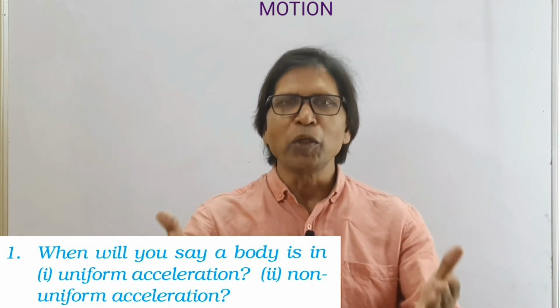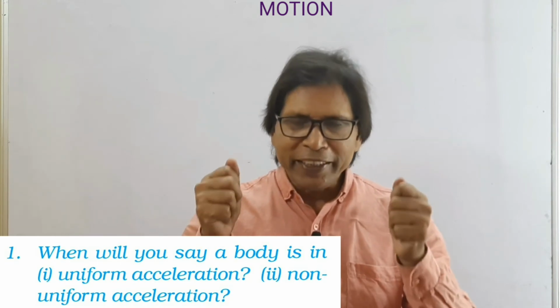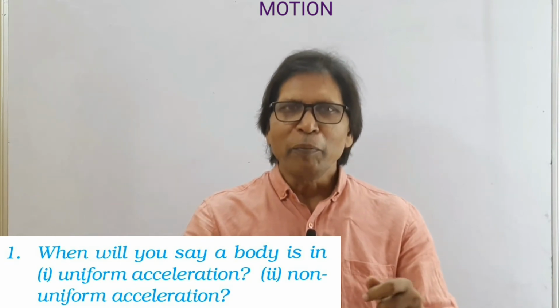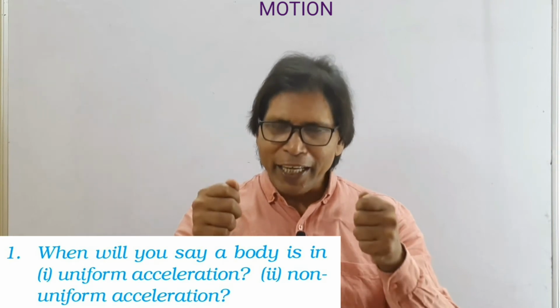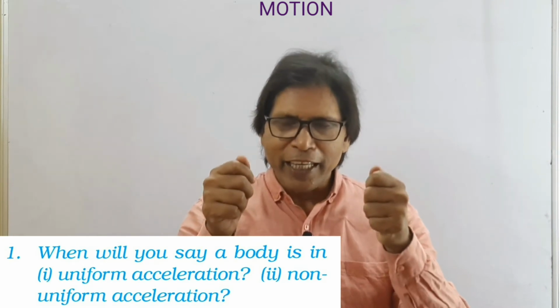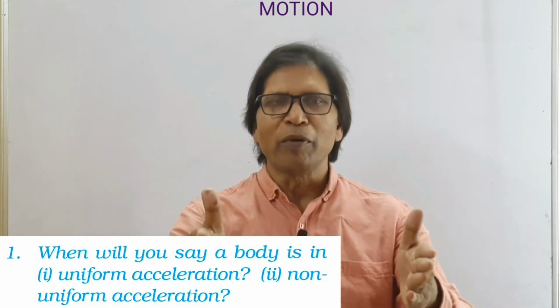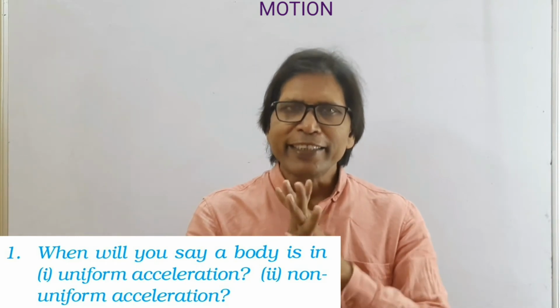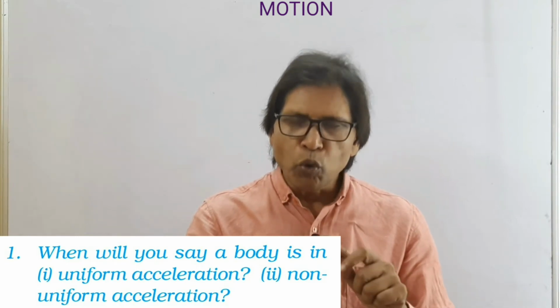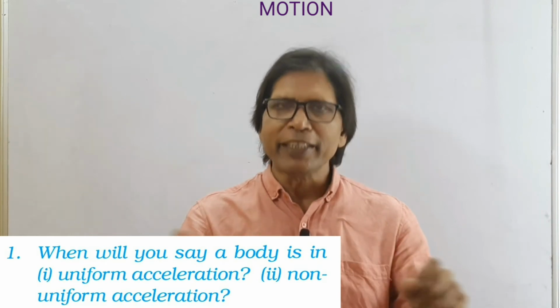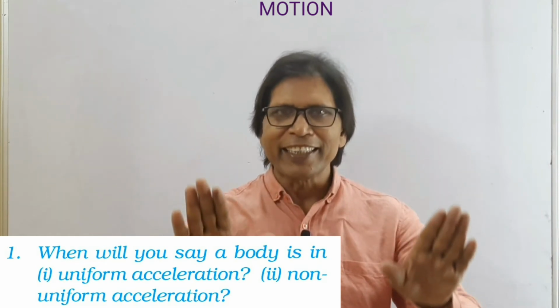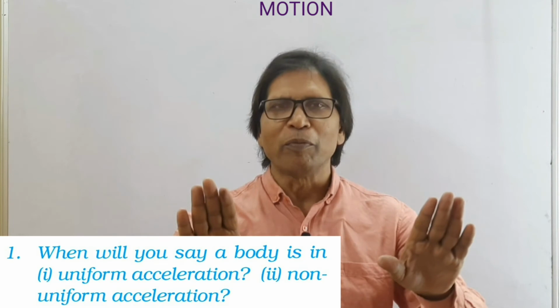Now next, when will you say a body has uniform acceleration? Number 1, uniform acceleration; number 2, non-uniform acceleration. If the change of velocity is uniform in equal time, then its acceleration is uniform. Suppose a particle changes velocity 2 meter per second in every second, then its acceleration is uniform.